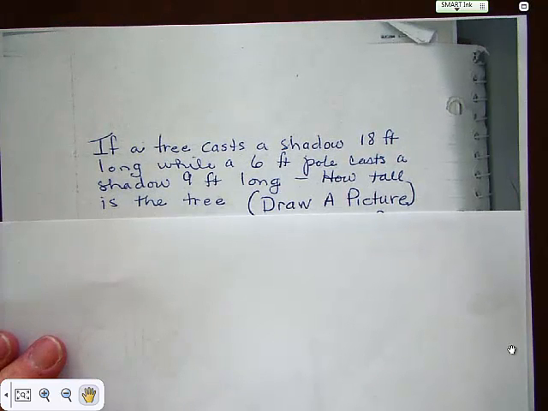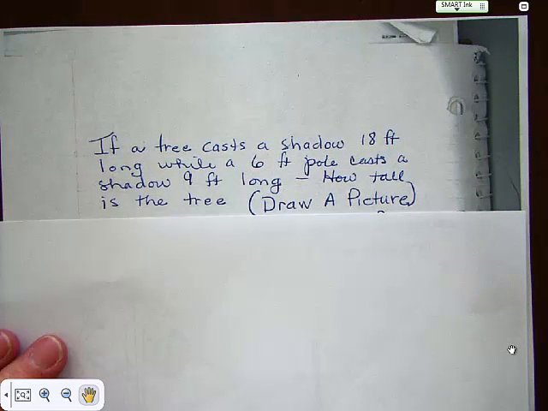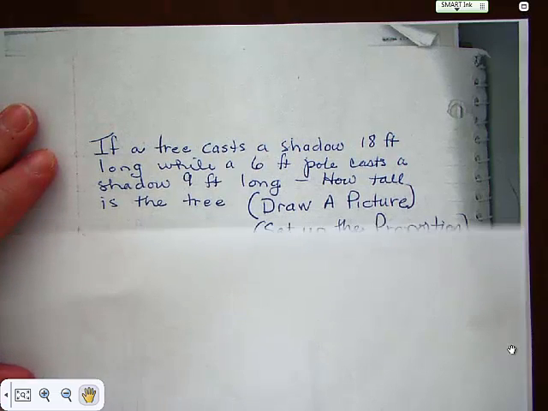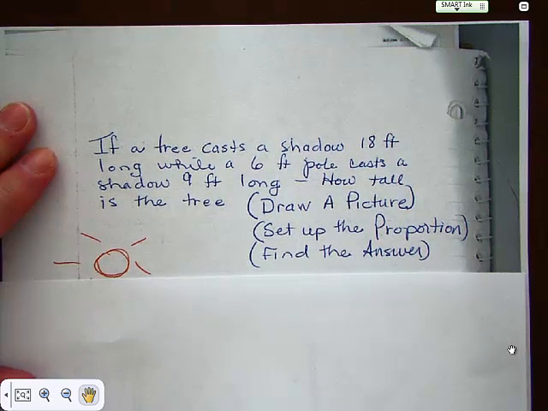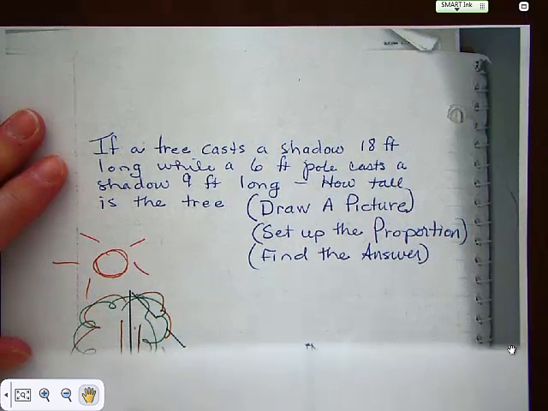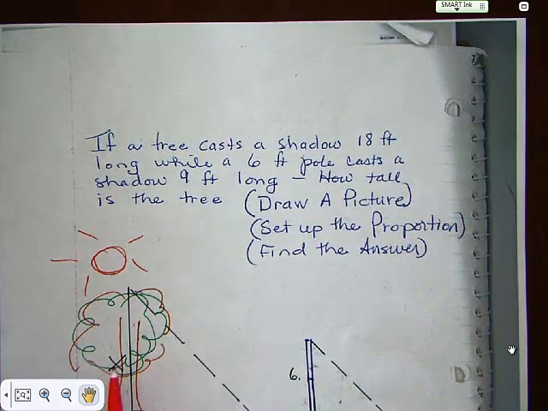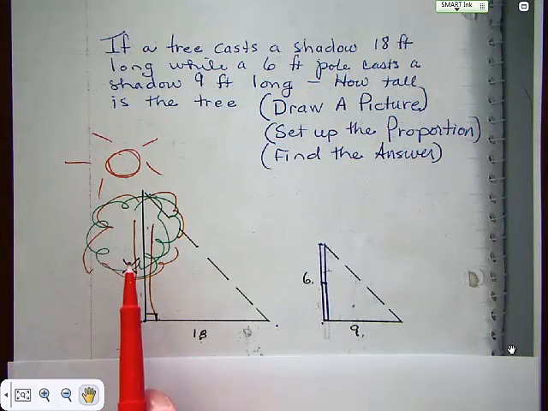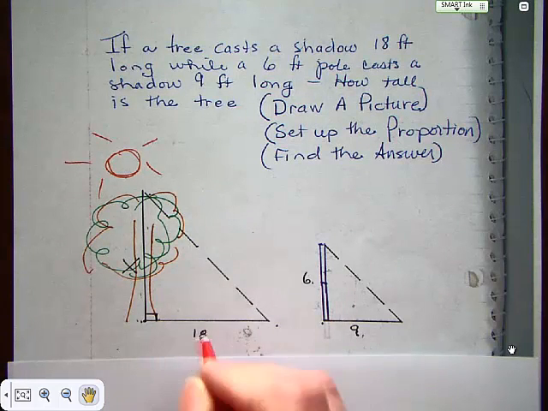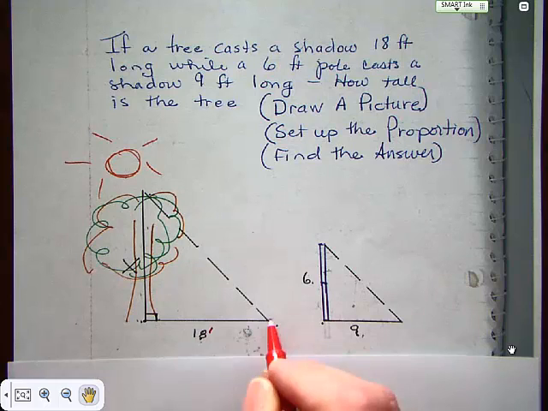Okay, here's another one. If a tree casts a shadow that's 18 feet long, while a 6-foot pole casts a shadow that's 9 feet long, how tall is the tree? Draw a picture, set up the proportion, and find the answer. So here we go. Here's our tree. Here's our 18-foot shadow, here to here.